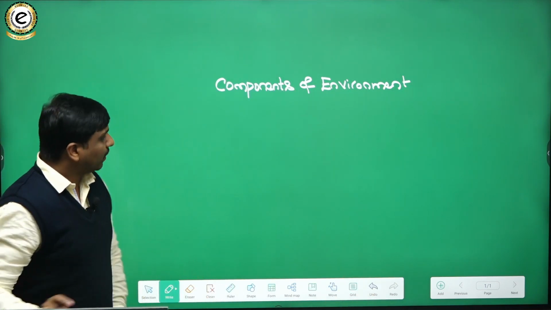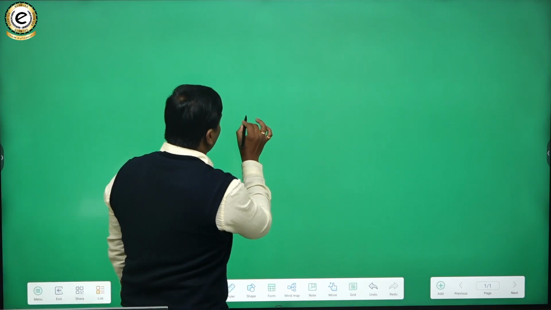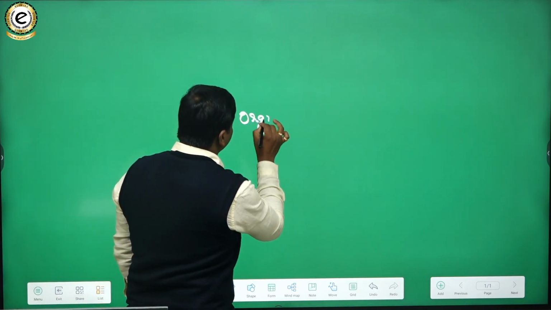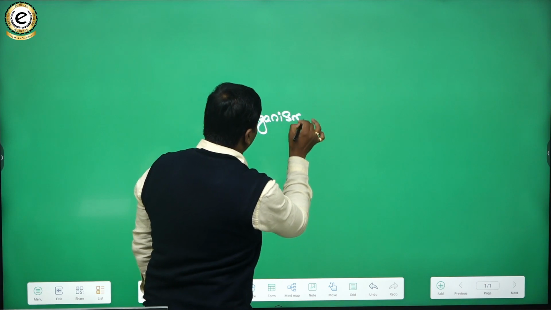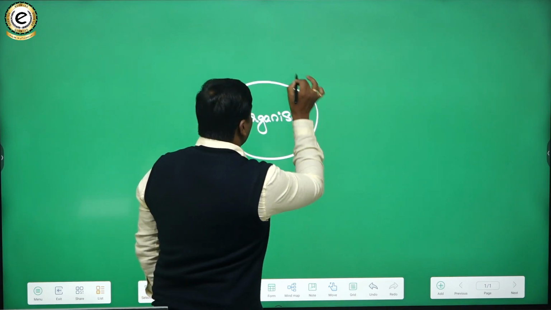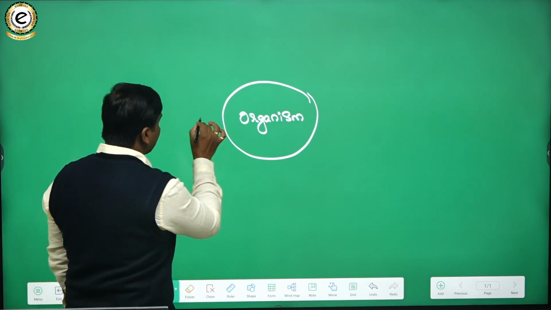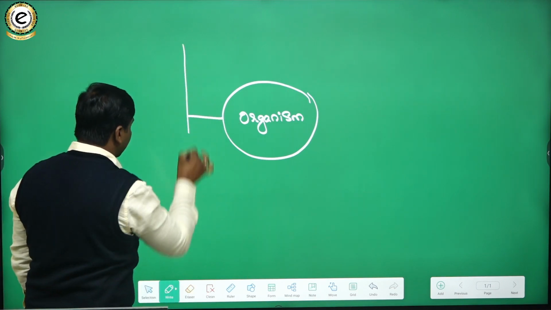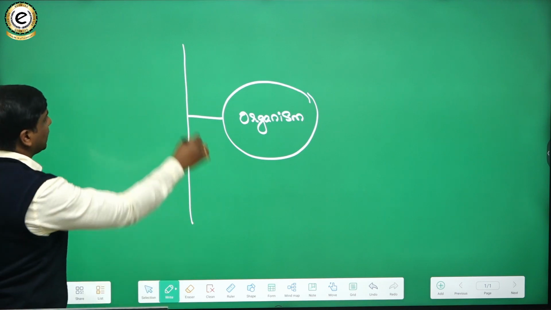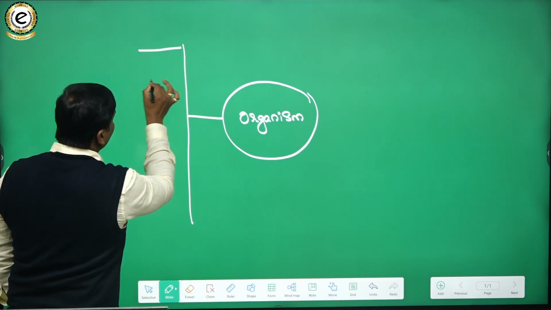Okay, so if we take an organism, every organism will have some living things as well as some non-living things that surround it.